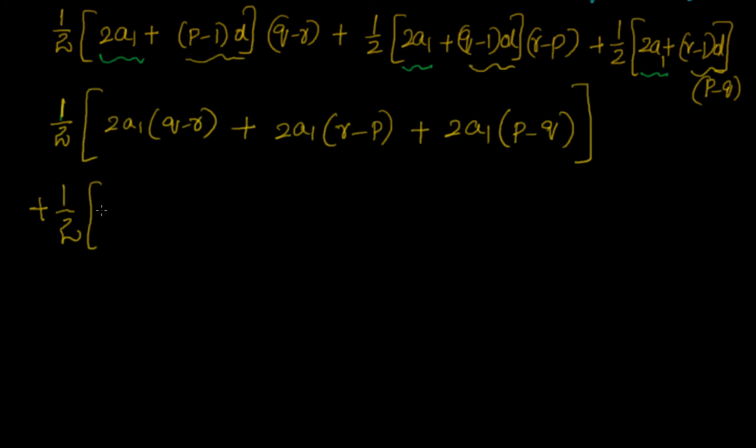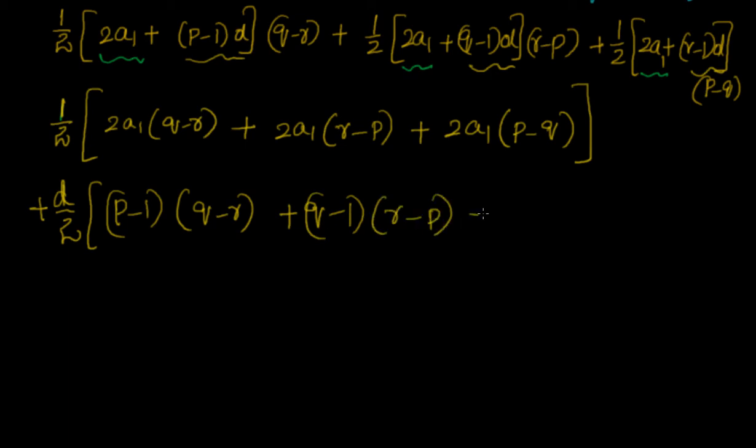Half into d, can I take it out because all of them have d? So it will be p minus 1 into q minus r plus q minus 1 into r minus p plus r minus 1 into p minus q.